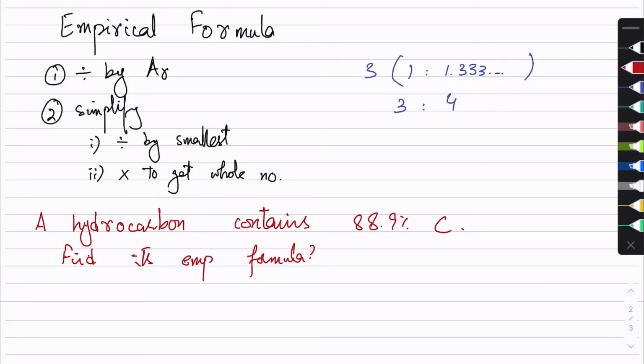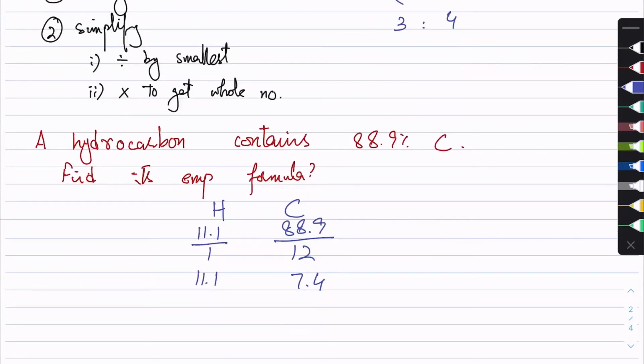Okay, you've done this. So because one is hydrogen, the other is carbon, hydrogen is going to be 11.1% and carbon 88.9%. The first thing we do, we just ignore the percentage sign. We don't care about it. Now we divide by the AR, as I said, AR, not MR. So I think this will be 11.1 and 7.4, sorry.